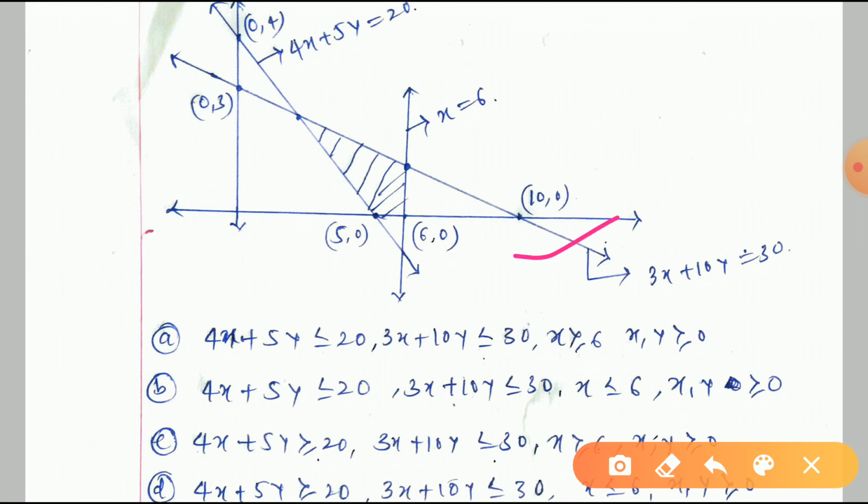The equation of this line is 3x plus 10y is equal to, sorry, 30. The equation of this line is 4x plus 5y is equal to 20. The solutions of this line all lie below the line.